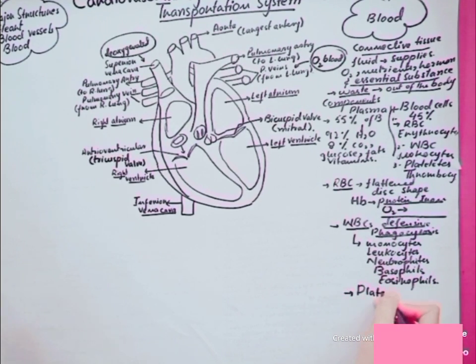Platelets or thrombocytes. These platelets provide clotting in our body in certain accidental conditions. How do they provide clotting?